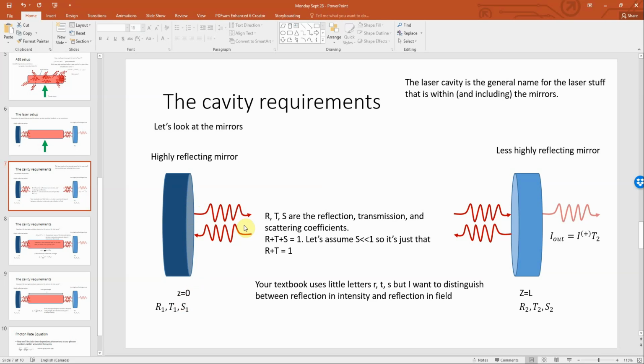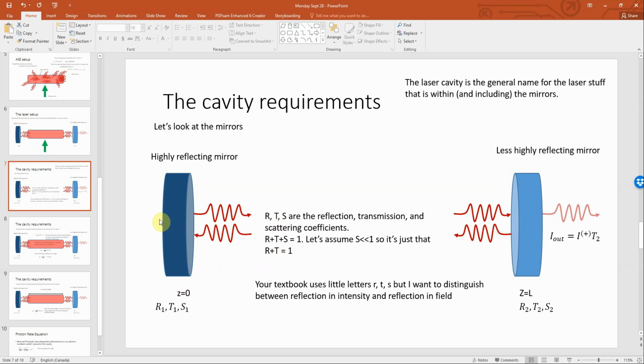So we'll say S is basically 0 for now, and the total relative intensity of light is reflection plus transmission equals 1, okay?